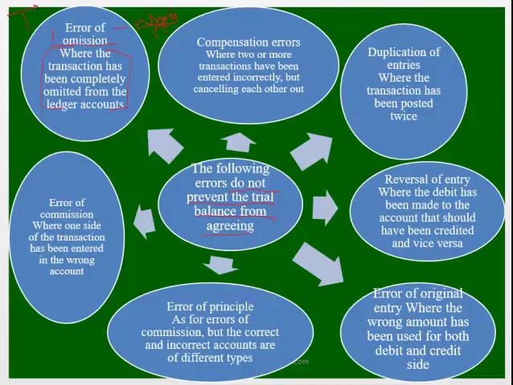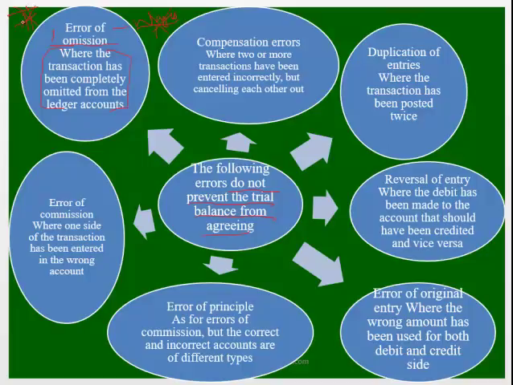At the same time, it won't affect the cash account. That means this cash account will be overstated, whereas the wages account will be understated. The total here will be lower than what is expected, and the total here will be higher than what is expected, because my cash is supposed to have reduced by the amount of wages paid, whereas the wages are supposed to have also increased as an expense.